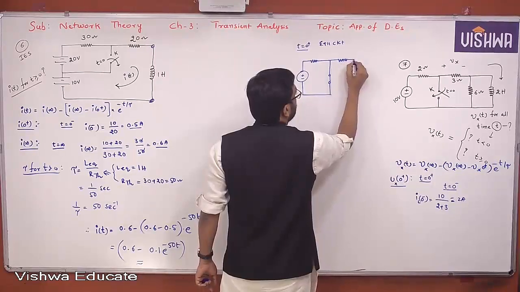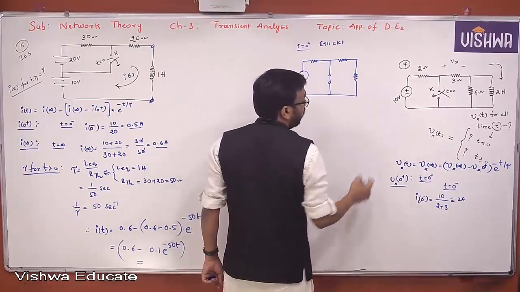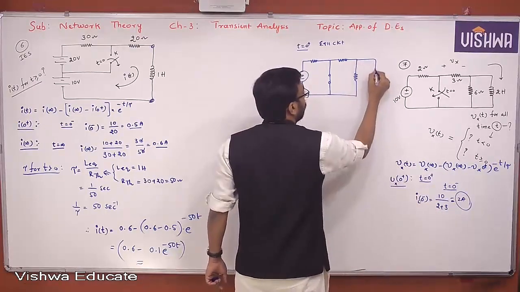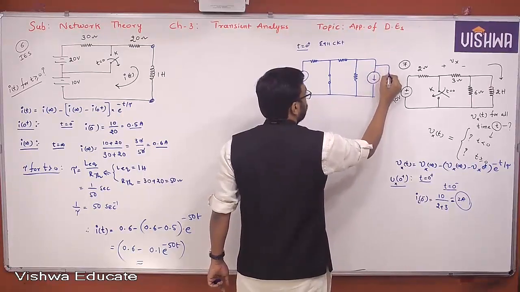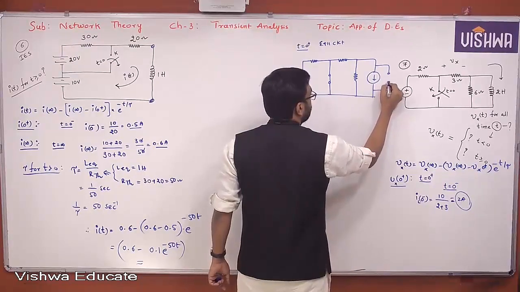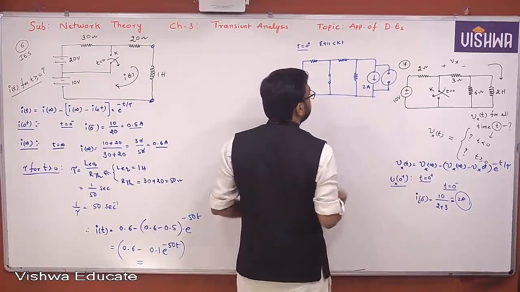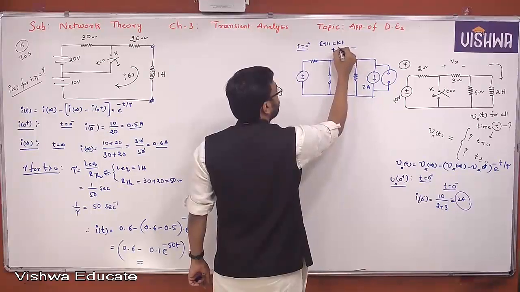Resistor remains resistor. Inductor is acting like what? A current source with the value of 2 amperes, a current source with a parallel inductor model. That's it. So here your objective is to find Vx of 0 plus.